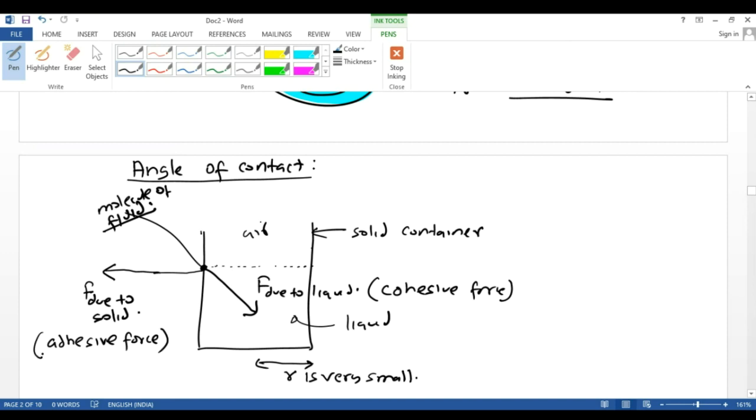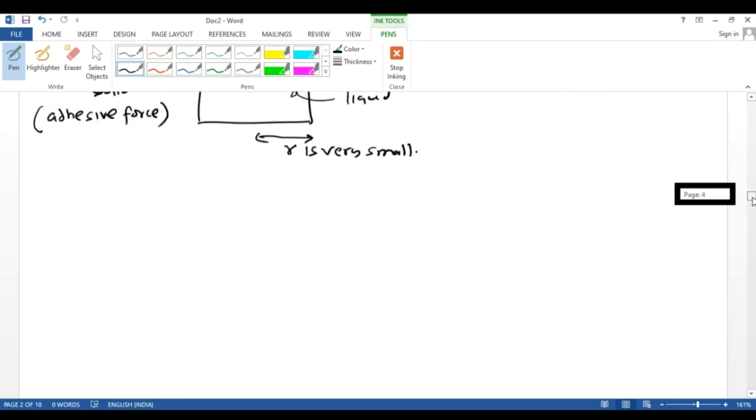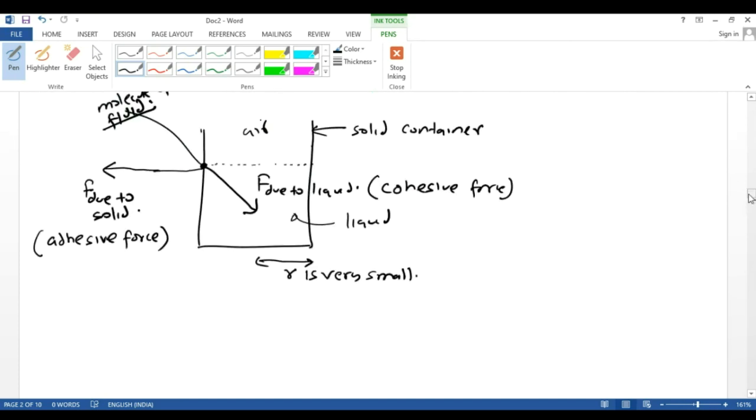Right, so now if you look at the resultant of the cohesive and the adhesive force, the net force, the magnitude as well as direction, that will obviously depend on which is the larger force, whether adhesive force is the larger force or whether cohesive force is the larger force. Right, so we'll deal with both the cases. Let us say in this case that the adhesive force dominates.